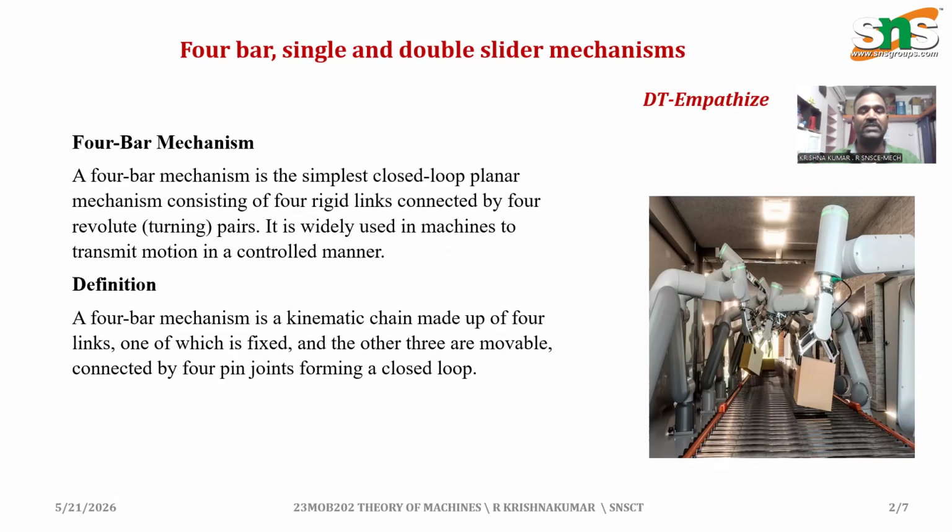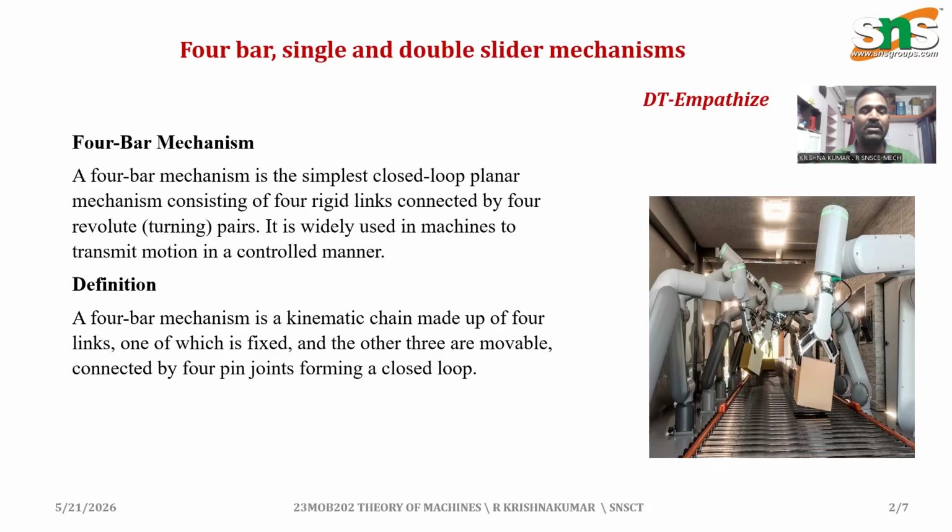It is widely used in machines to transmit motion in a controlled manner. The 4-bar mechanism can be classified into different types based on the motion of the links. These include the crank rocker mechanism, double crank mechanism, and double rocker mechanism.